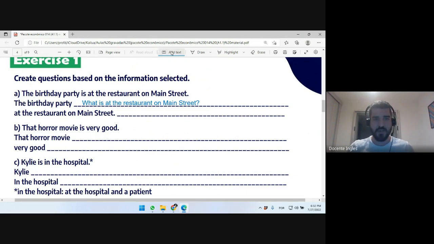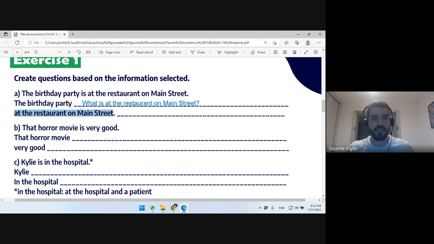So this part of the information, this cannot be in the question. This is the information we don't know. And this is substituted for the question words. In this case, what? And the rest of the sentence we put to form the rest of the question. Here, the answer is at the restaurant on Main Street.